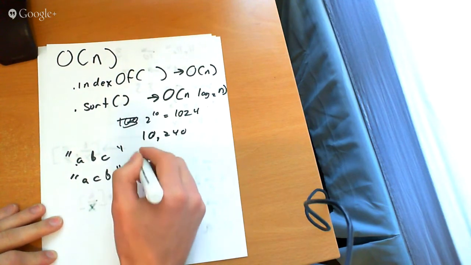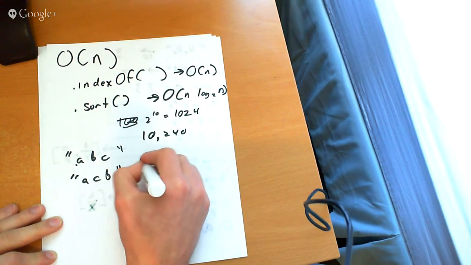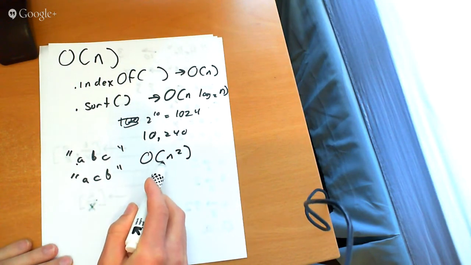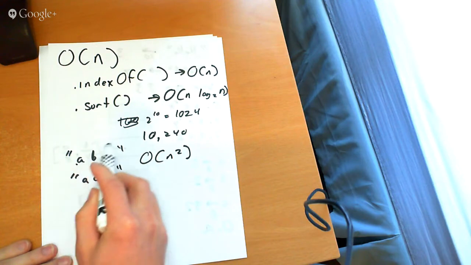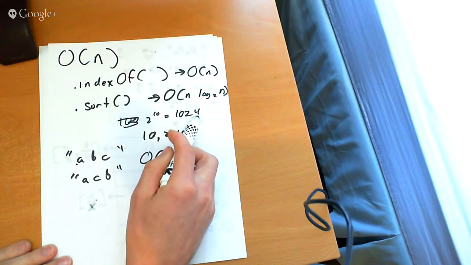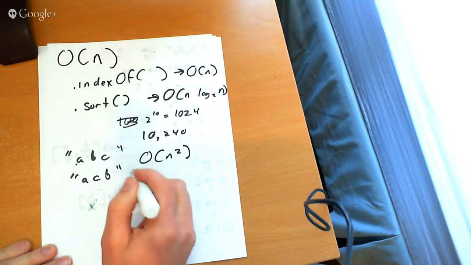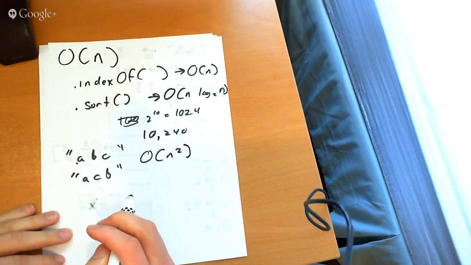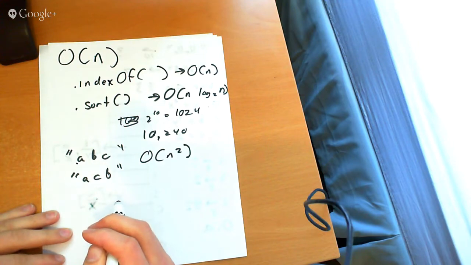Those algorithms are n squared. So if I had 1,000 characters, it would take a million operations to figure that out, right?